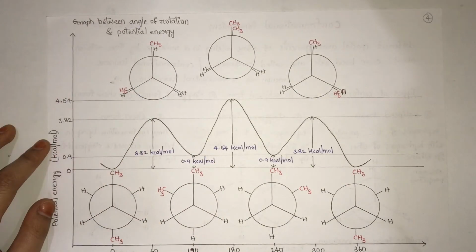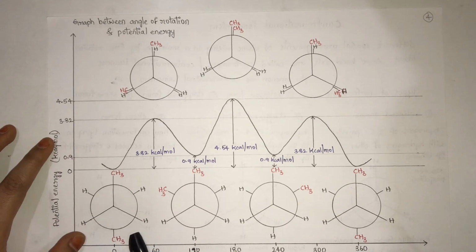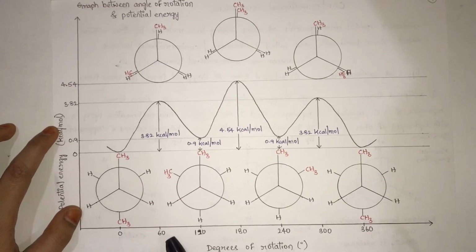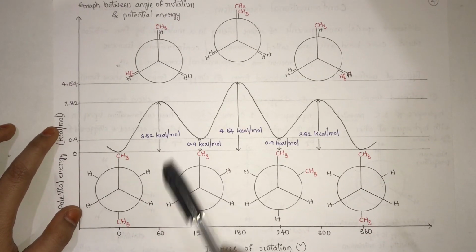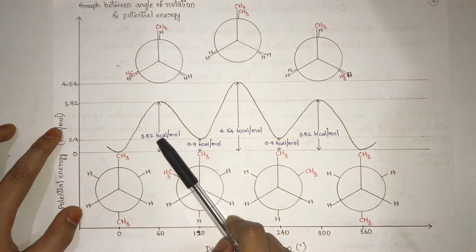So this is the graph between angle of rotation and potential energy of ethane molecule. This is a staggered form where both the methyl groups are apart from each other at 180 degrees. On rotating by 60 degrees, we will get partially eclipsed form by taking 3.82 kilocalories per mole energy.